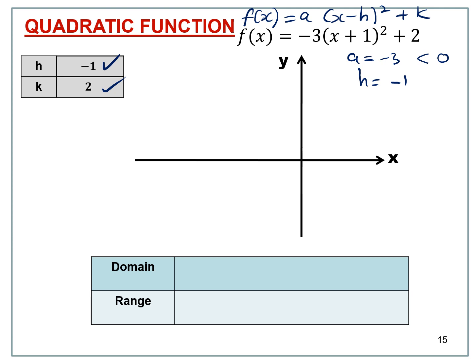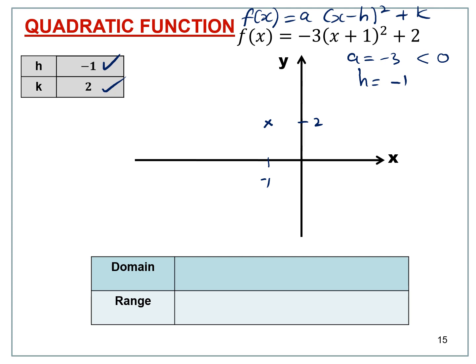Alright, so we put negative 1 and 2, so you have negative 1 here and 2 here. There is a maximum happening here, (negative 1, 2).